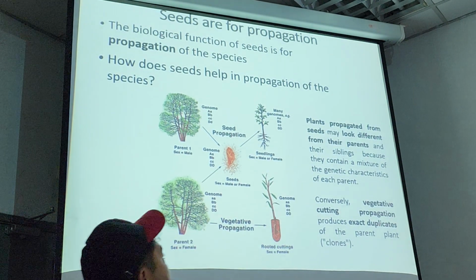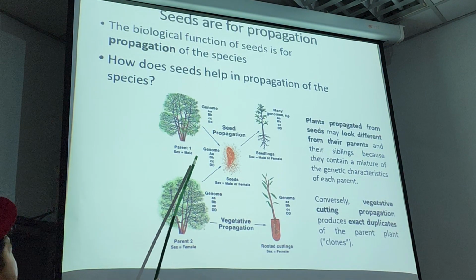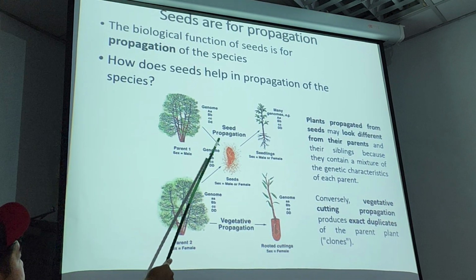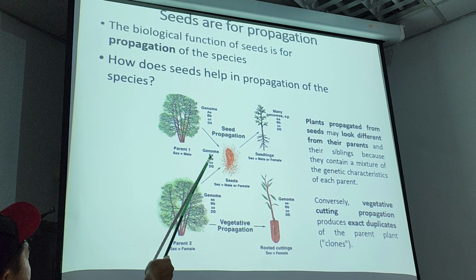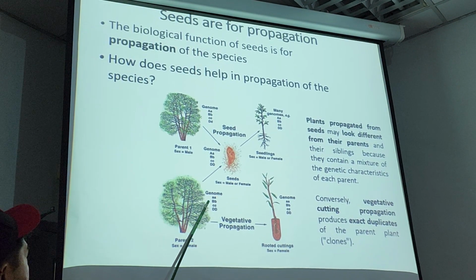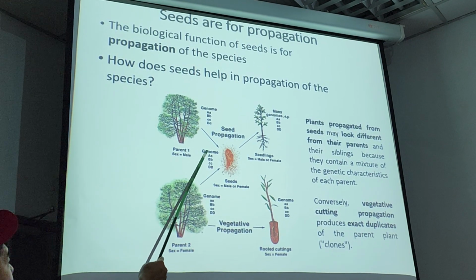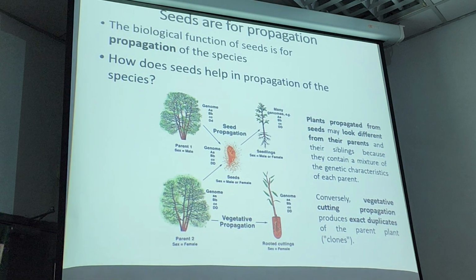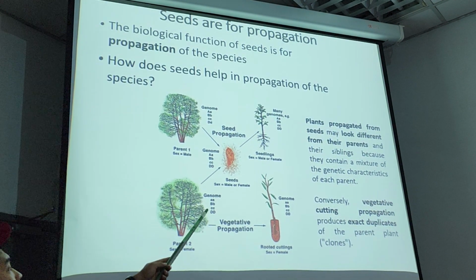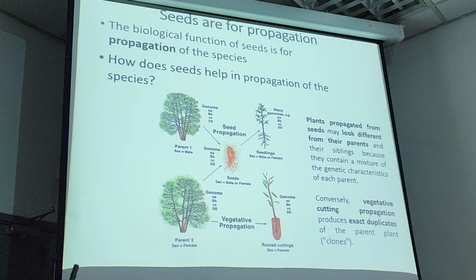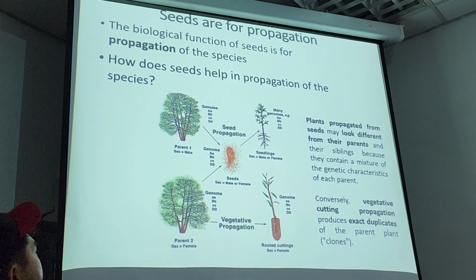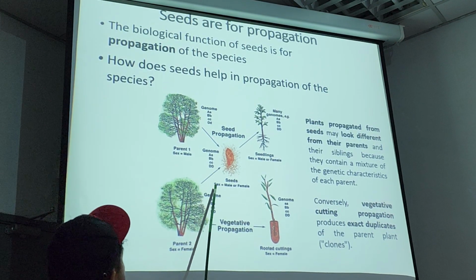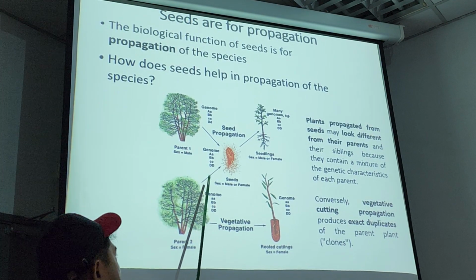So plants are also the same, but depending on the individual, you can see that this parent 1 here, both got A, but the first parent has a dominant A. But the second parent got both recessive genes for the A gene. What about the B genes? Is it the same? Okay, it's the same.